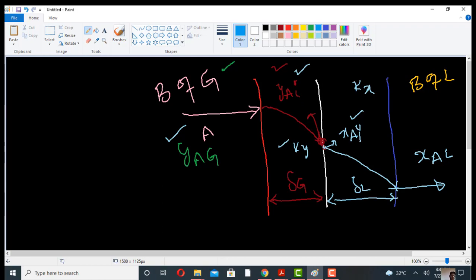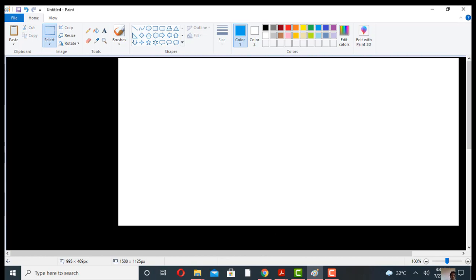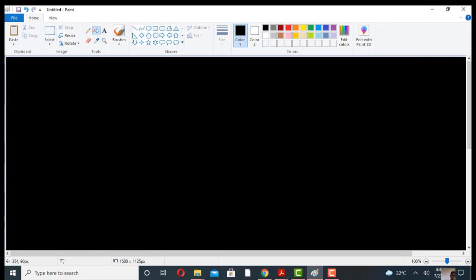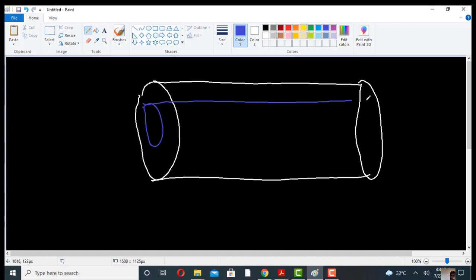Suppose this is a shell and tube heat exchanger.